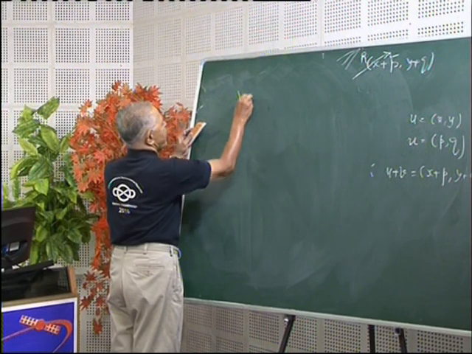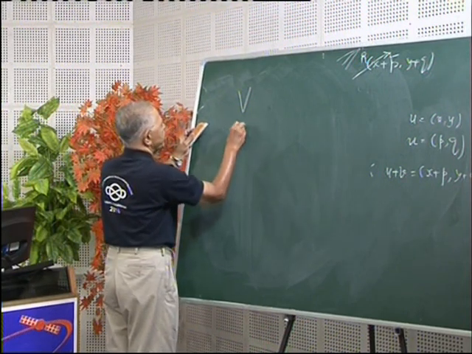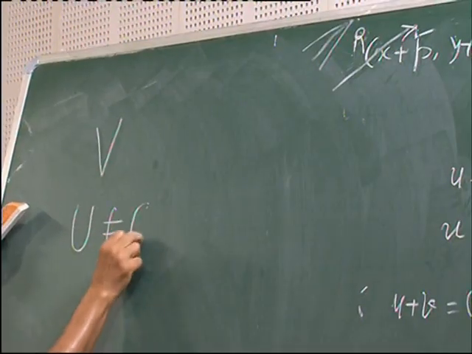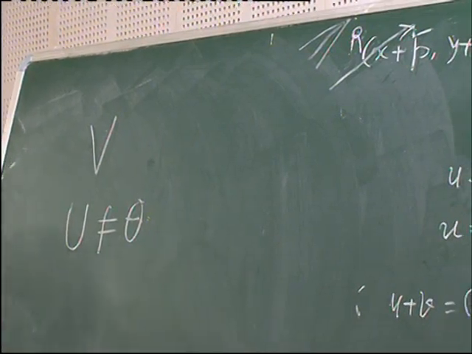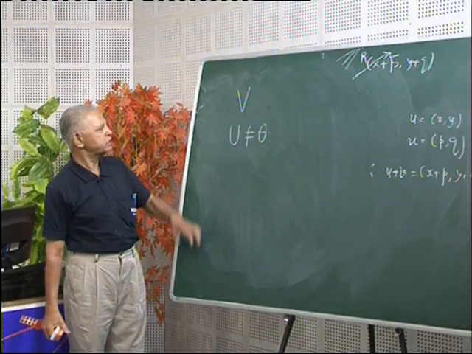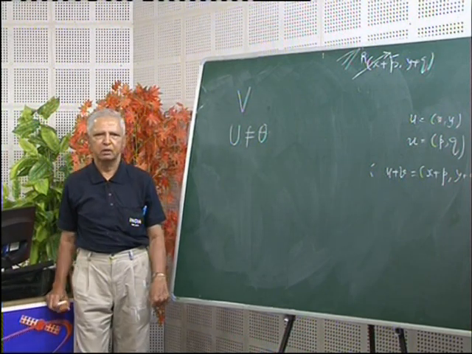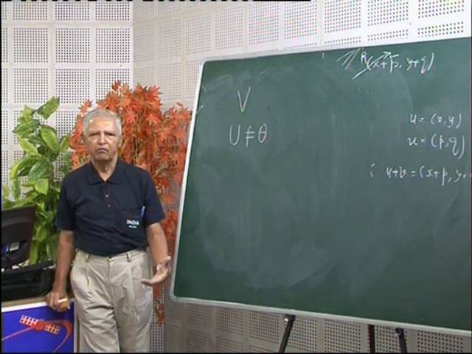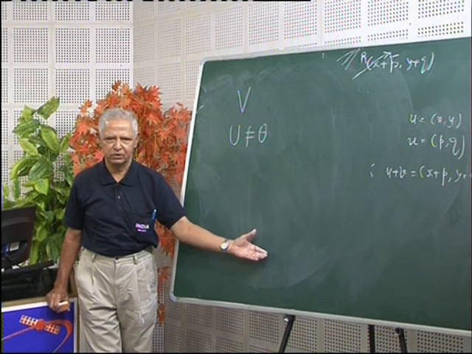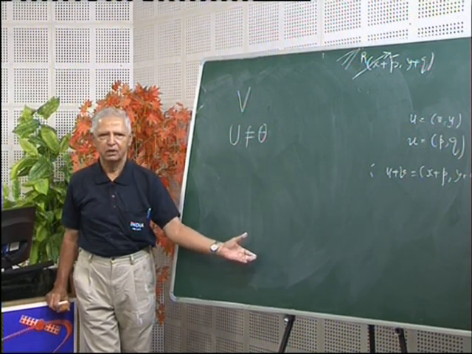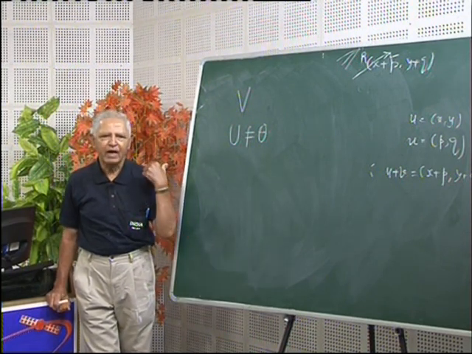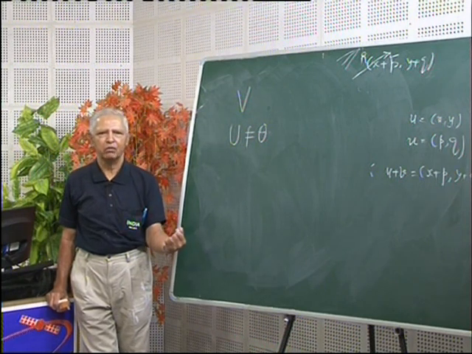Suppose V is a vector space and U is a non-empty subset of V, and we want to check whether U is a subspace of V or not. Then we have to examine all the 10 axioms, but we will see immediately that some of the axioms are automatically satisfied.